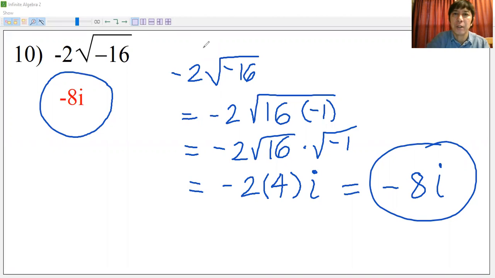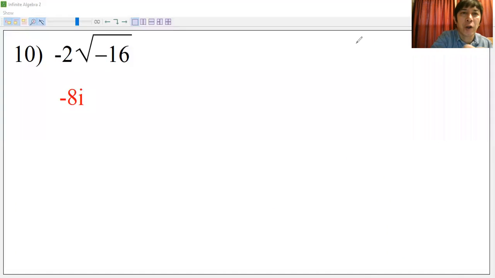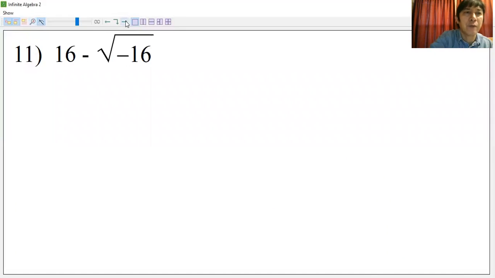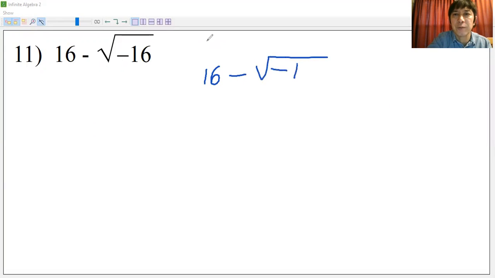Let's have number 11. Let me clear the screen. Here's number 11. 16 minus square root of negative 16. Let us simplify.